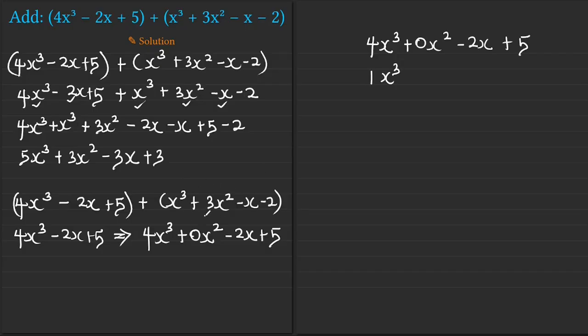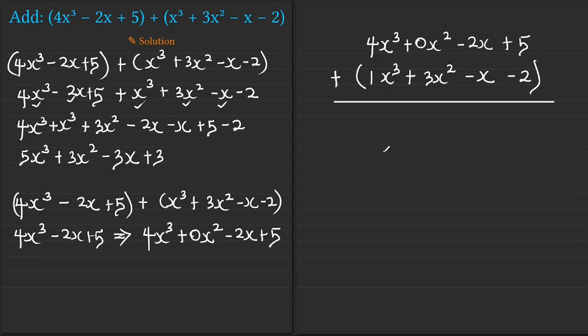Then the next one is plus 3x squared. Then minus x. And then minus 2. You see? And we are adding it. So the only thing you do is to bring your addition here and put this in your bracket. And then you put your equal to sign nicely.